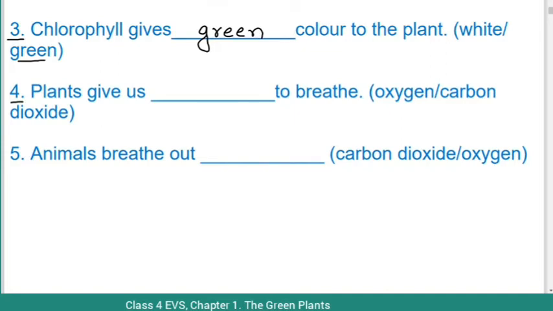Plants give us oxygen to breathe. Fifth one, animals breathe out dash. Animals breathe out carbon dioxide.